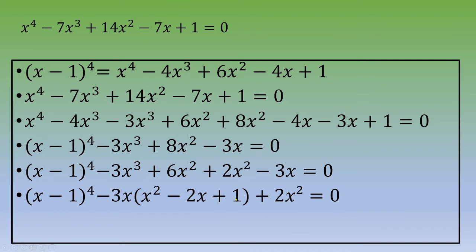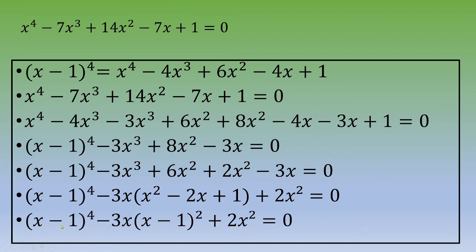Between parentheses, you recognize when you expand a remarkable identity, so you end up with x minus 1 power 4 minus 3x times x minus 1 squared plus 2x squared equals to 0.